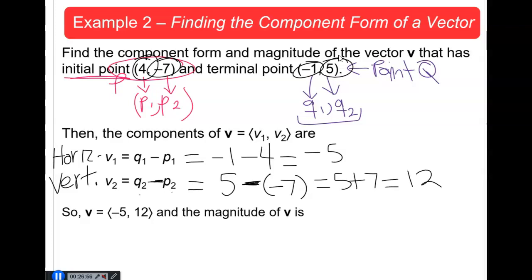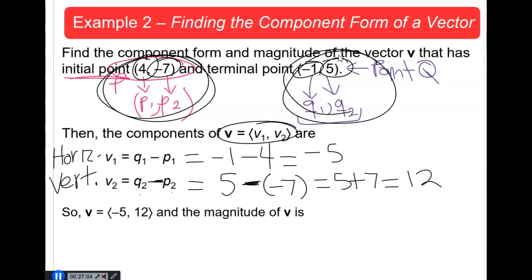So now the component form of this vector that had initial point here and terminal point here is going to be, the notation will be (-5, 12).